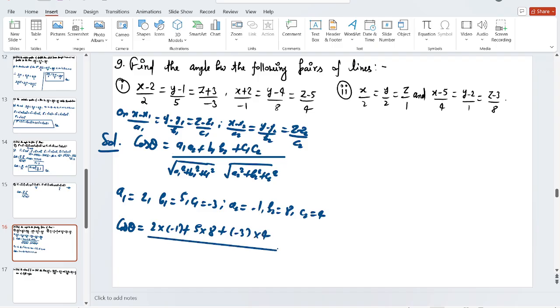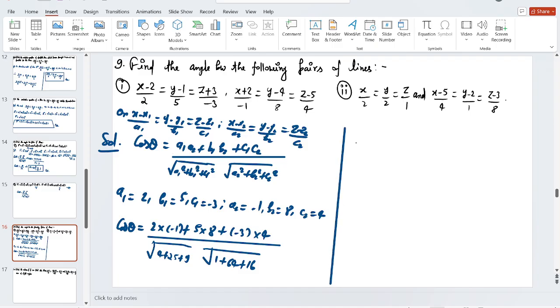Solving here, a1 square is 4, b1 square is 25, c1 square is minus 3 square, which gives 9. a2 square, minus 1 square becomes plus 1, b2 square is 64, and c2 square, 4 square is 16. So simplify to get the answer here.